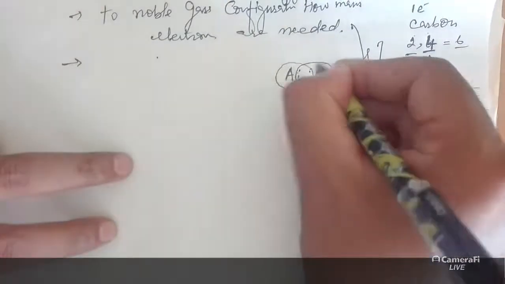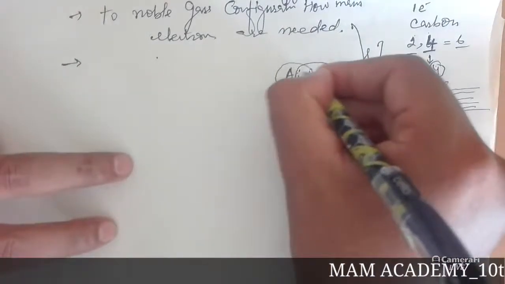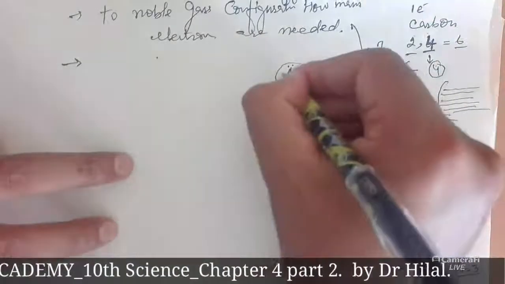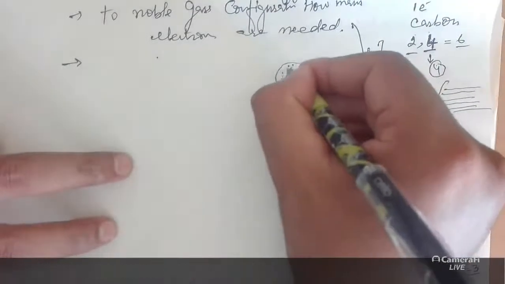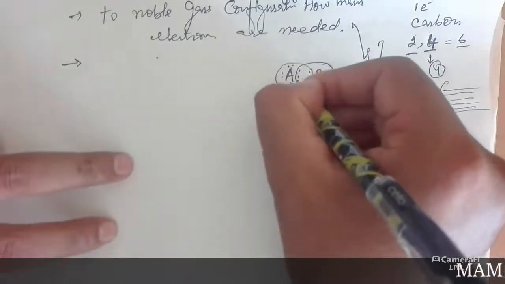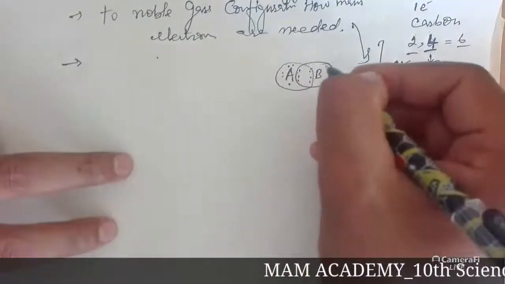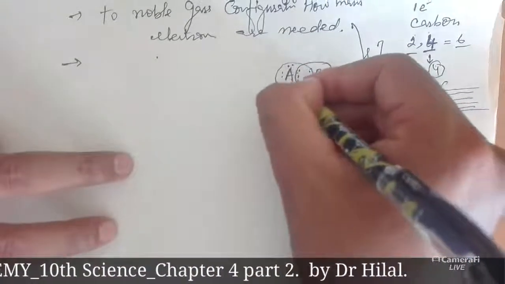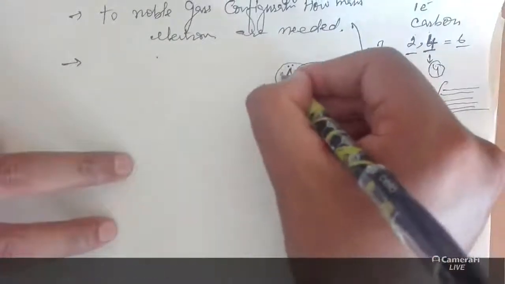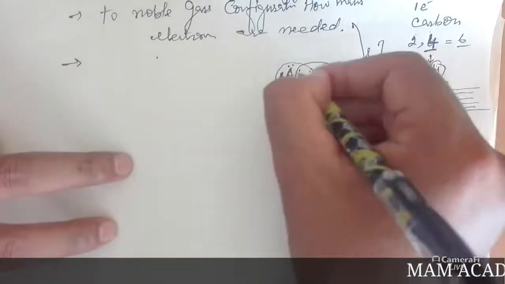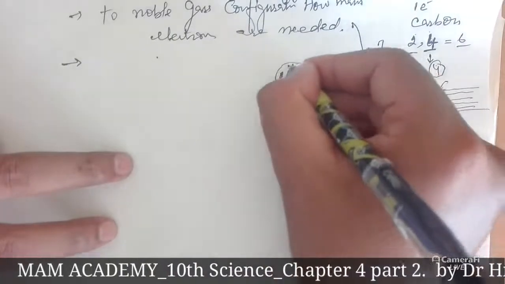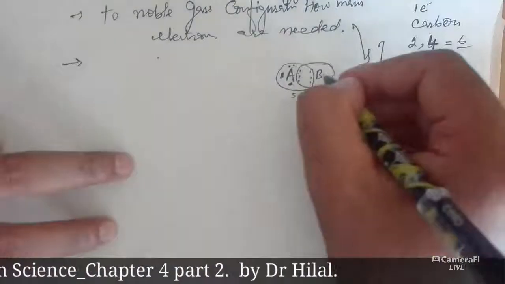For example, it was like this. Atom A has 1, 2, 3, 4, 5 electrons in its outermost shell.